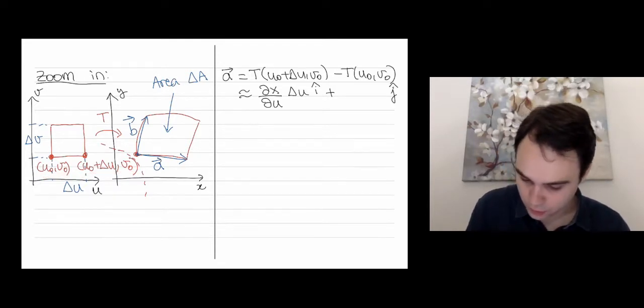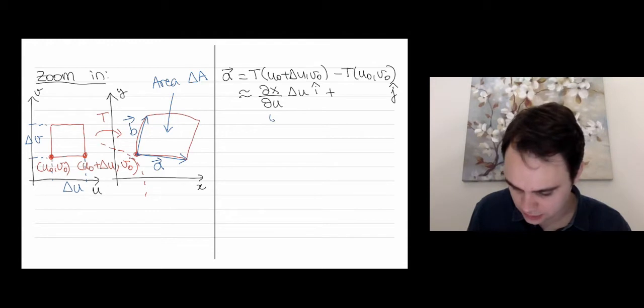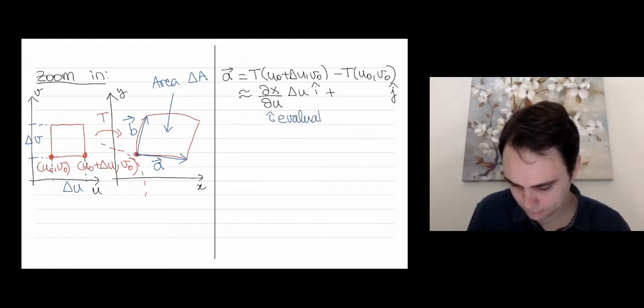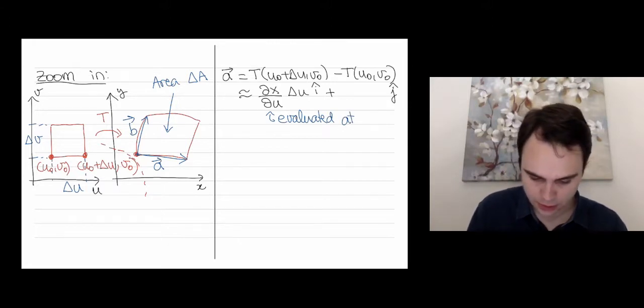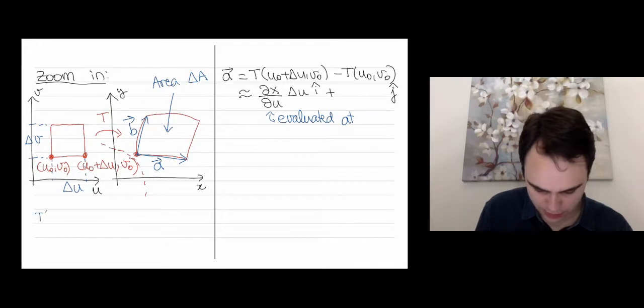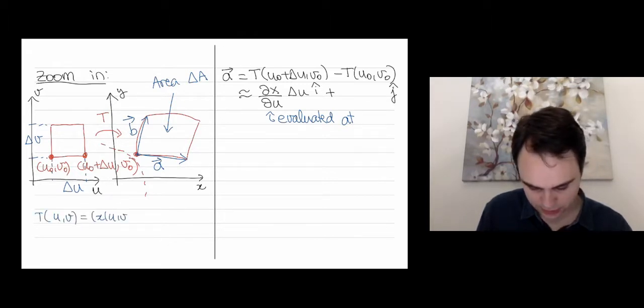Now I should be careful here. So this is evaluated at the point. X is a function of u and v. This transformation is really 2 functions, remember, so T of u, v has x and y coordinates.